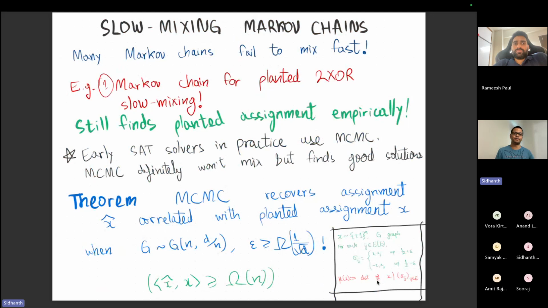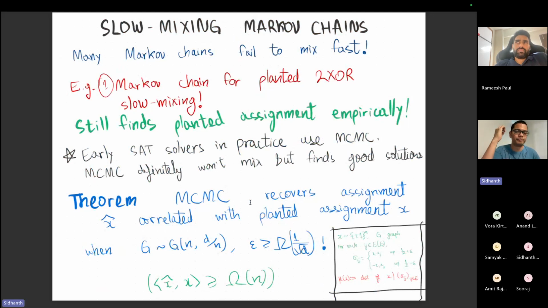to use sampling for. So as an example, once again, this planted CSP example that I gave, which is a specific case of the 2XOR instance. If you run the Markov chain when the graph is random, then it empirically finds the planted assignment in a small number of steps.